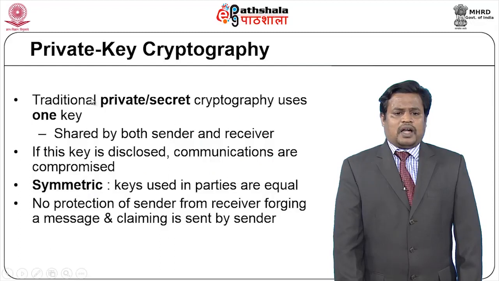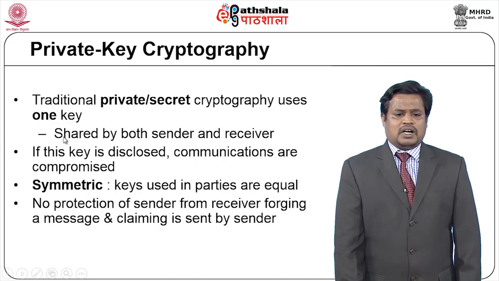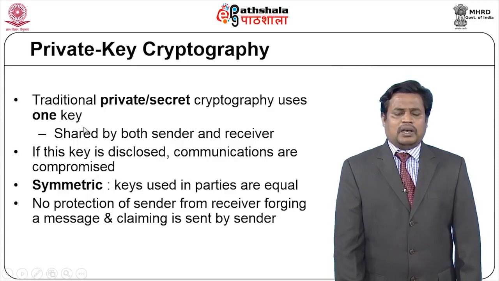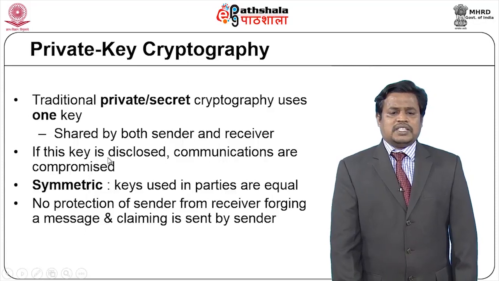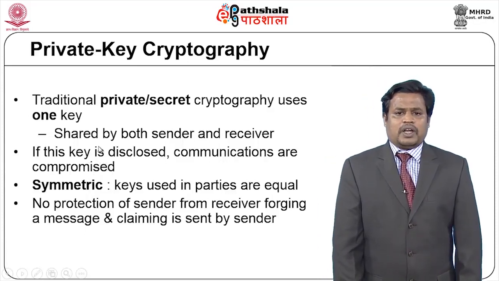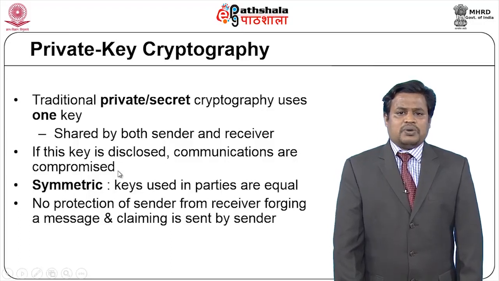In private secret cryptography, which uses one key, as we discussed in symmetric key cryptography, the key is shared between both the sender and receiver. If the key is disclosed, communications are compromised. Suppose the person standing in the middle between the sender and receiver is able to forge the key, then there is no security at all. So we cannot ensure a secure system.